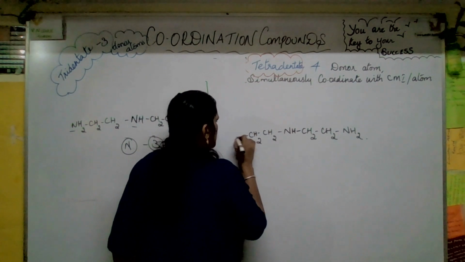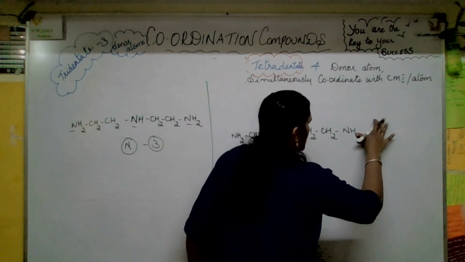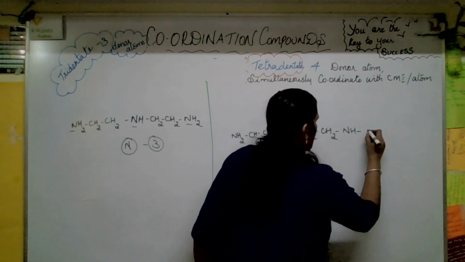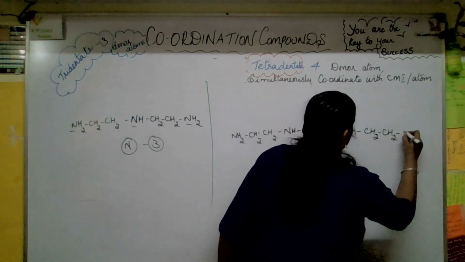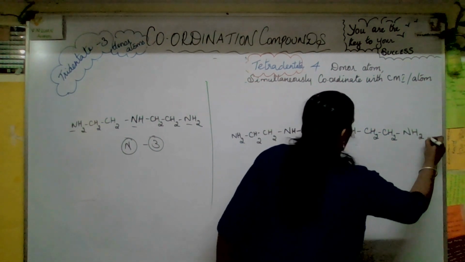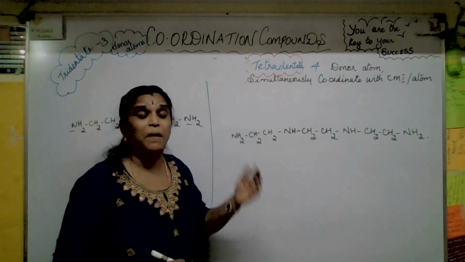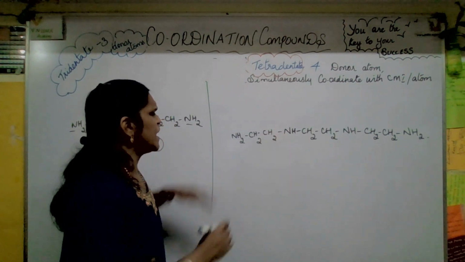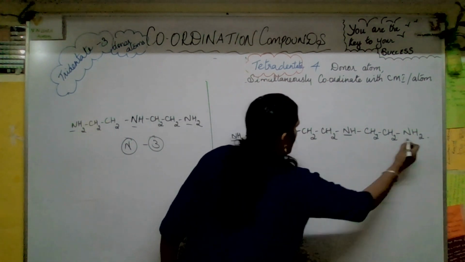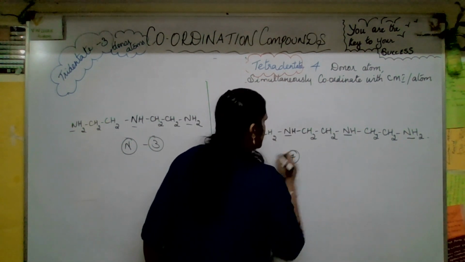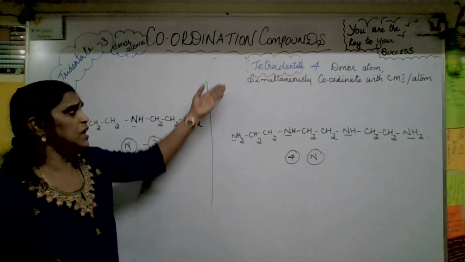Just remove one hydrogen atom and attach CH2 CH2 NH2. These are tricks to identify; no need to memorize, just understand. How many nitrogen atoms are available? 1, 2, 3 and 4. So four nitrogen atoms, and nitrogen is the donor.